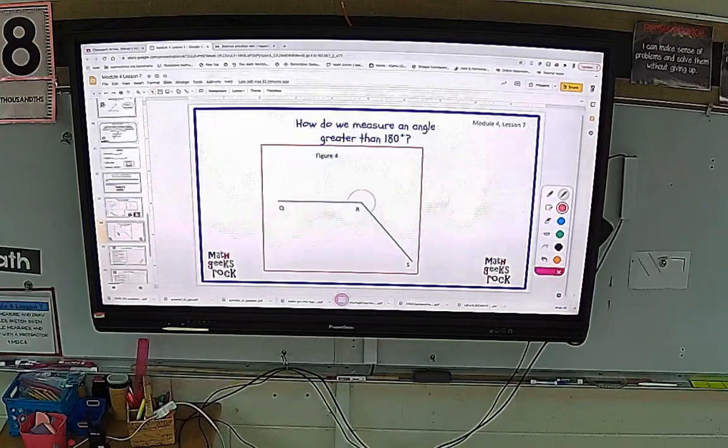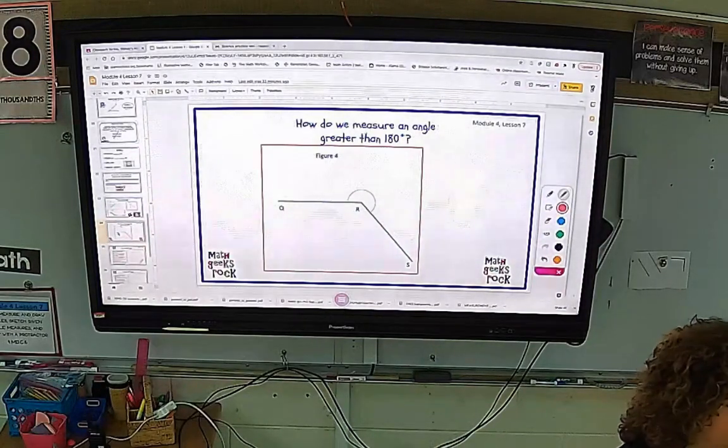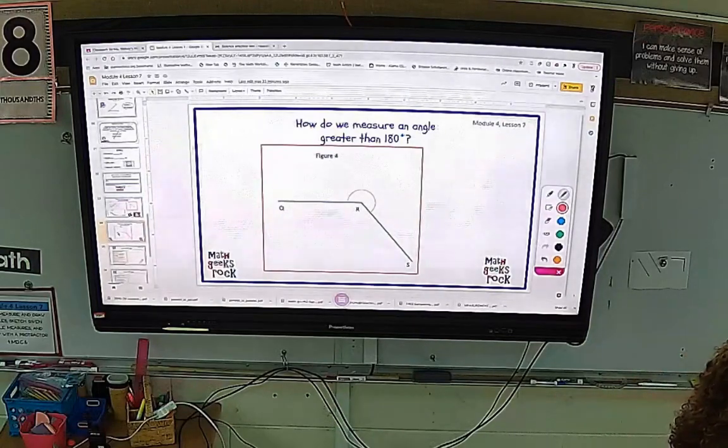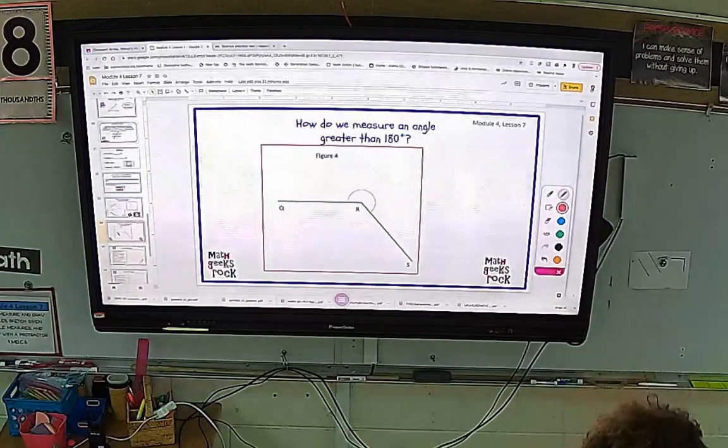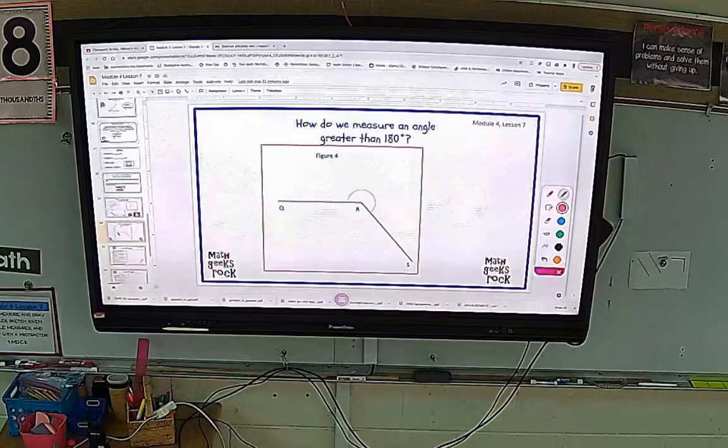Now, if you see your partner measuring something, measuring an angle, and they're not lining it up correctly, help them. You know, in a kind way. You know, show them what they might be doing a little bit wrong. And help them out.